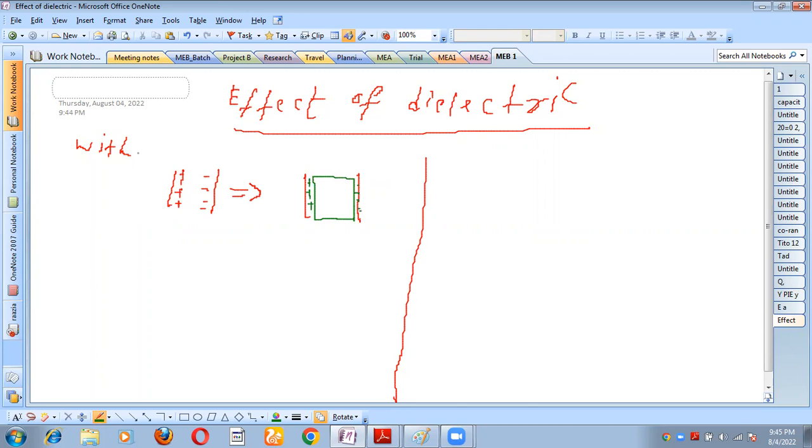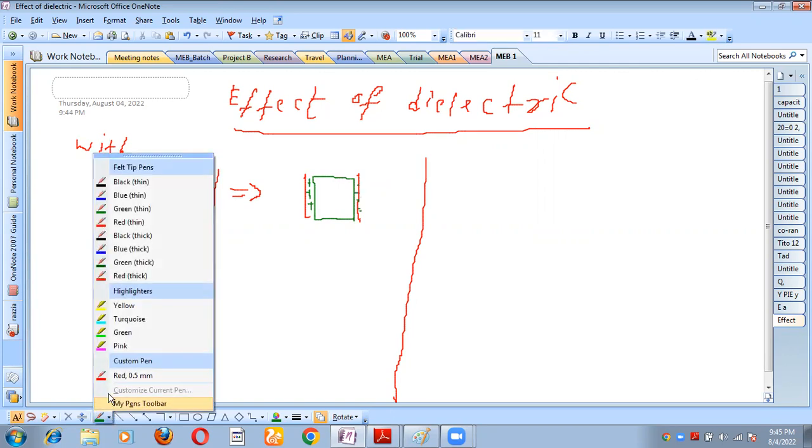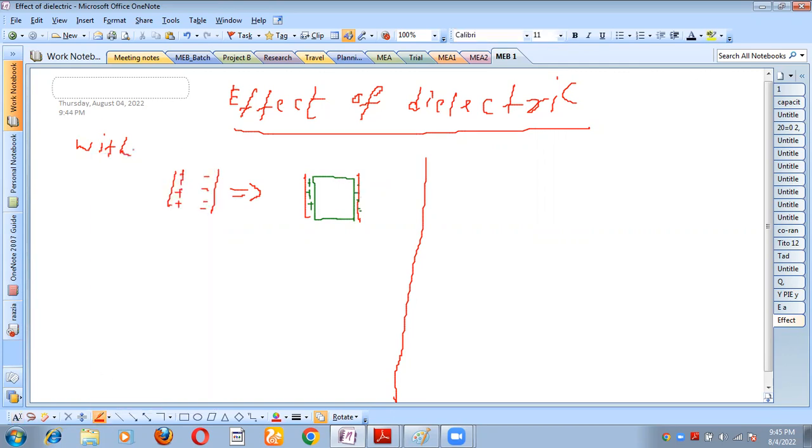So this is without battery; the battery is not connected. And sometimes we insert a dielectric with the battery.